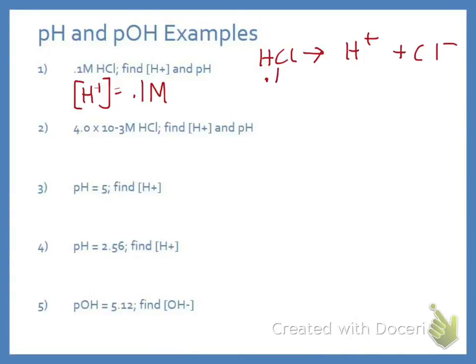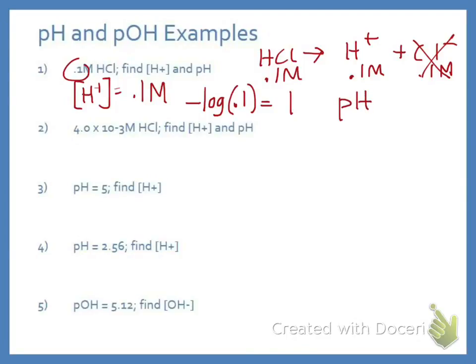And remember when we did this, we have 0.1, and then this would be 0.1, and this would also be 0.1. But we don't care about the chlorine, it's a spectator. So in order to find the pH, we would take the negative log of 0.1, and we would get 1. Okay? But because this has one significant figure, we would actually report that as the pH is equal to 1.0, because we need one significant figure.